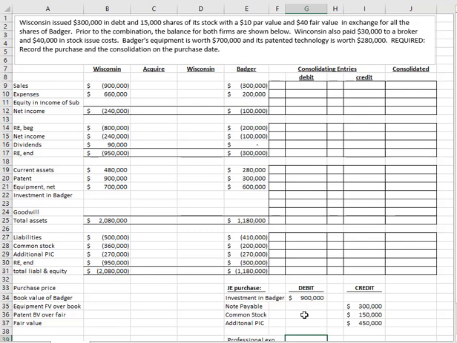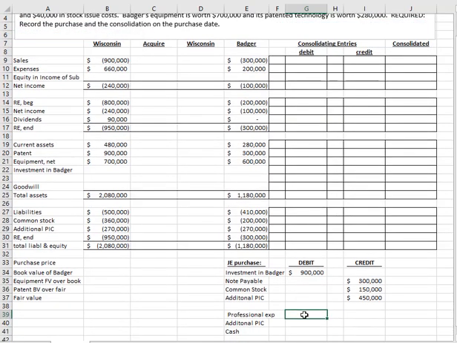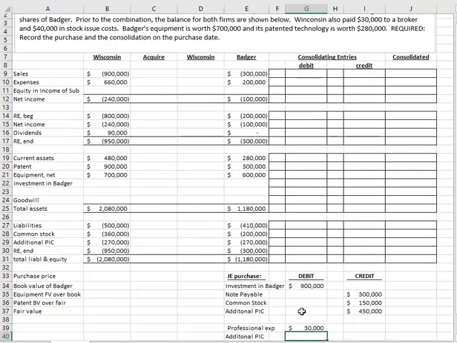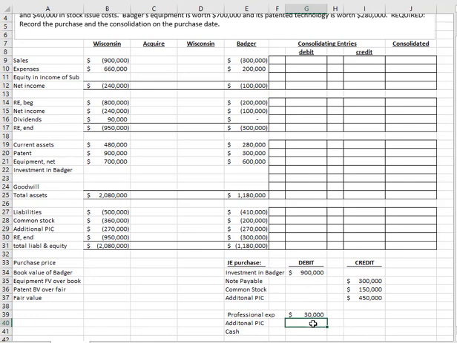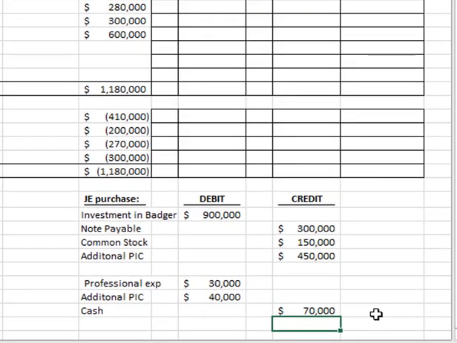So professional fees are expensed when they're incurred, and the stock issue costs reduce the paid-in capital. Did they say what the professional costs were? Paid a broker, okay. And then the stock issue cost would just be a debit to this additional paid-in capital here, and then there'd be a payment when they pay both of those.